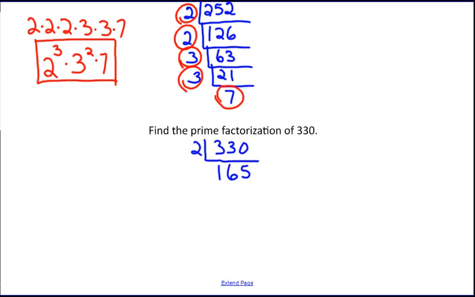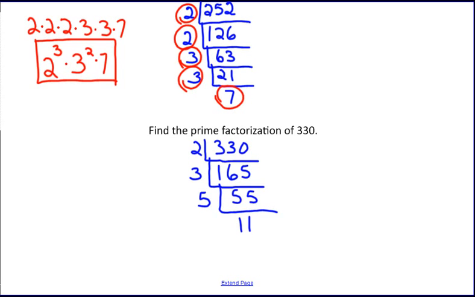That is not an even number, so let's try 3. 3 does go into 165 55 times. 3 does not go into that number, so I will divide by the next prime number, which is 5, which goes into 55 11 times, and we are done.